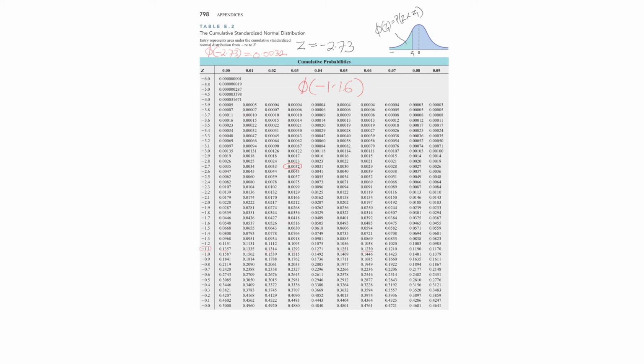If I zoom this in, then you have the probability that z is less than minus 1.16. This probability is 0.1230. So this is how we use the standard normal tables.